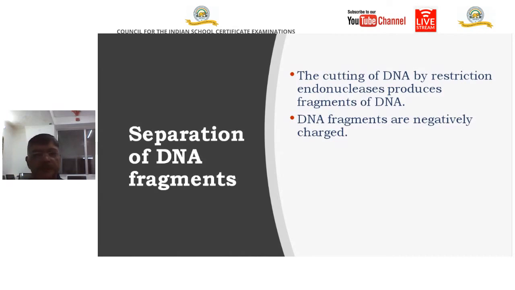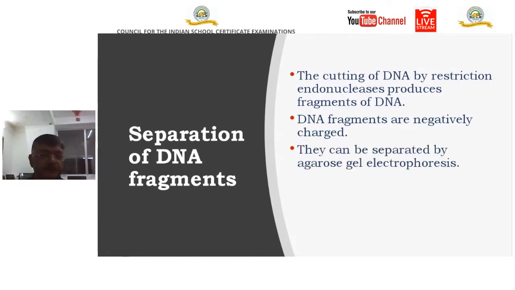They'll separate according to their charge under the influence of that electric field. So this process of electrophoresis needs a matrix, a ground substance, that is agarose. That's why it is more appropriately called agarose gel electrophoresis.